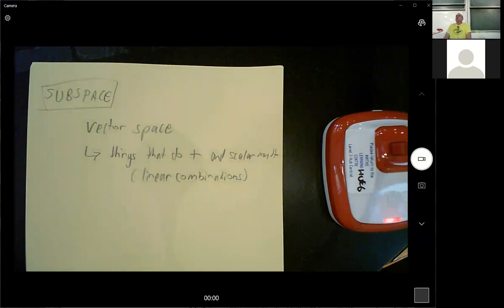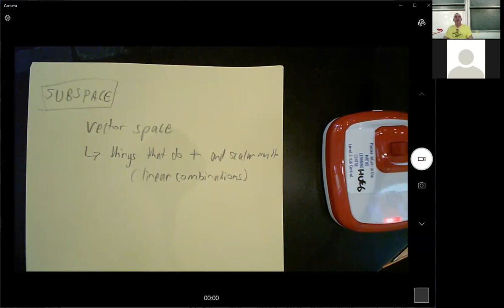Okay. What if I wanted to make my own vector space out of other things? I can do that actually. As long as I can find anything that makes sense to do plus and scalar multiplication, I could call them vectors if I wanted. So in differential equations 2, which you may do, there's one for engineers and one for maths.